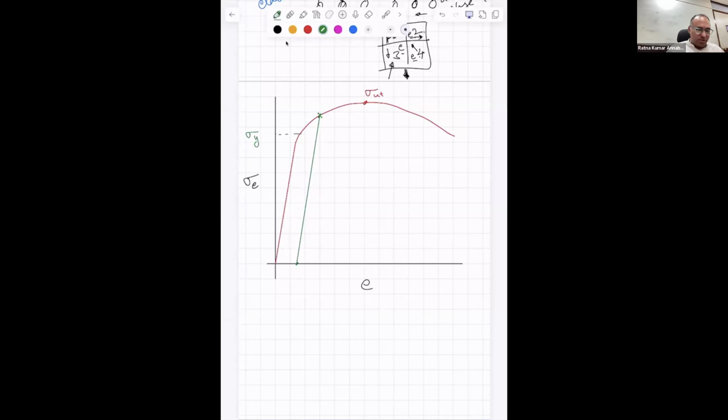Now if I take that specimen, so you have started with this specimen, loaded. So this is 0.0, let us say 0.1, and this is 0.2.